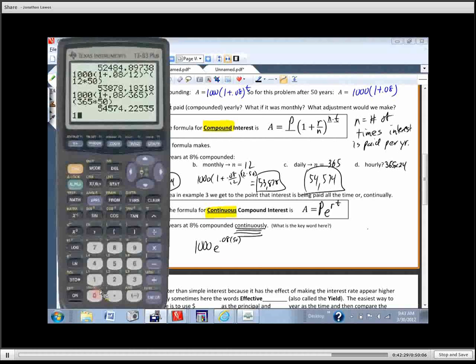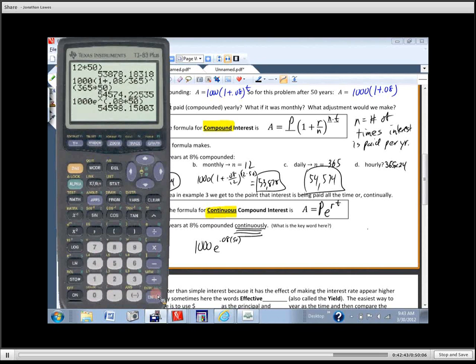So we're 1,000. You can either use E, that's by the divide key, or the second function on the ln key, 0.08 times 50. This was daily interest, and this is continuous interest. It only makes a difference of about, what's that, $24? Yeah.